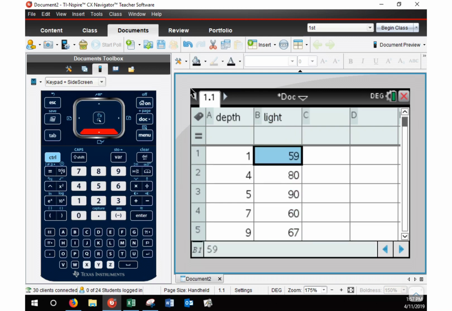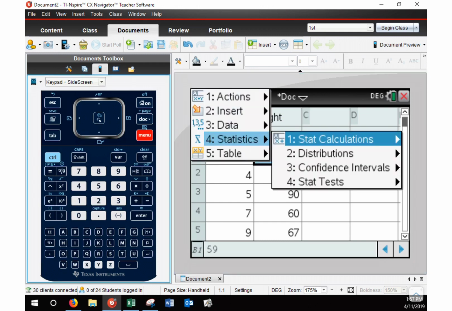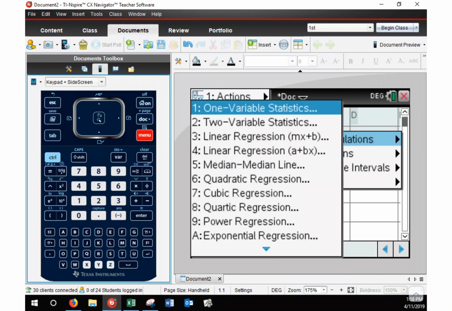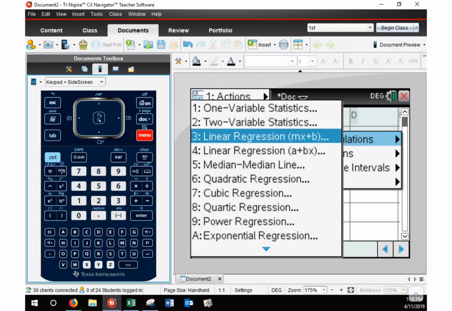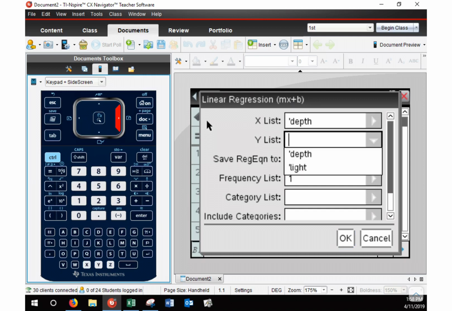Now we need to get our correlational coefficient, so I'm going to hit Menu, down here to Statistics, Stat Calculations, and let's do Linear Regression this time. We can do 2 variable or linear regression, and it pretty much works the same way. Our x is depth, go down, our y is light.